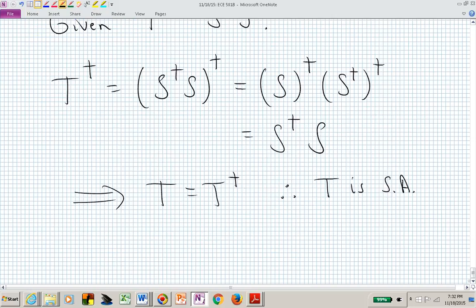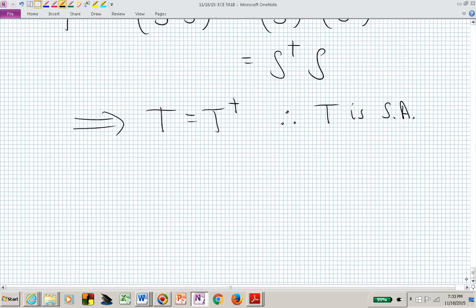And now we've shown that at least the first half of this linear operator T being positive is true, because T is now self-adjoint. We now need to see if this inner product of TV with V is in fact non-negative.